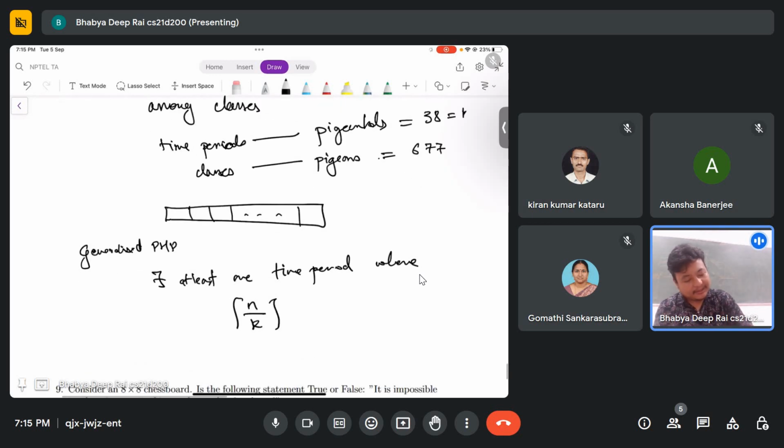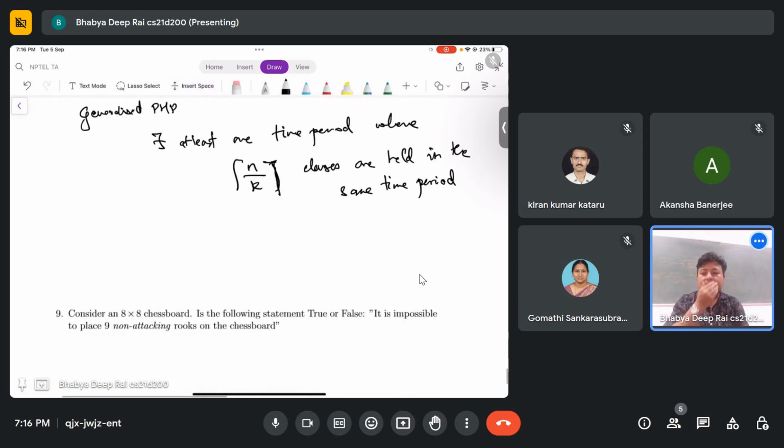Here this is nothing but k, this is nothing but n. There is at least one time period where at least this many classes are held.